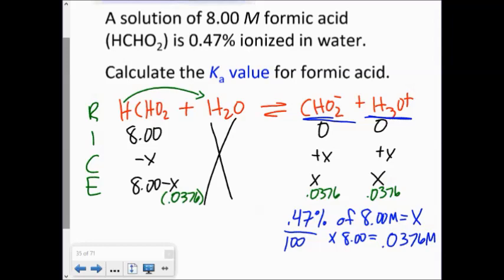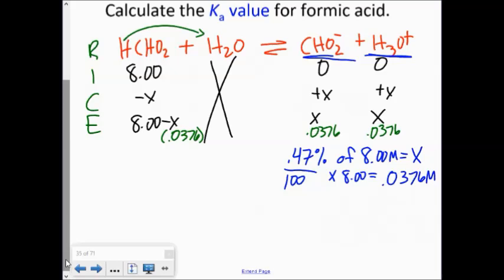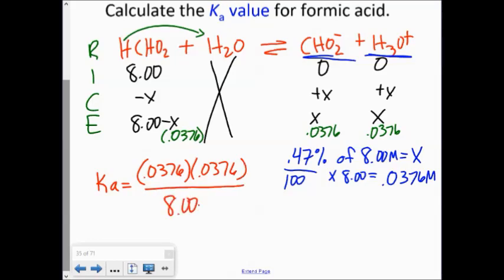Now, if I wanted to find Ka, what do I need to do? Do the equilibrium expression. Yeah, let's do that. Okay, so Ka is going to be 0.0376 times 0.0376, right? Over 8 minus 0.0376.